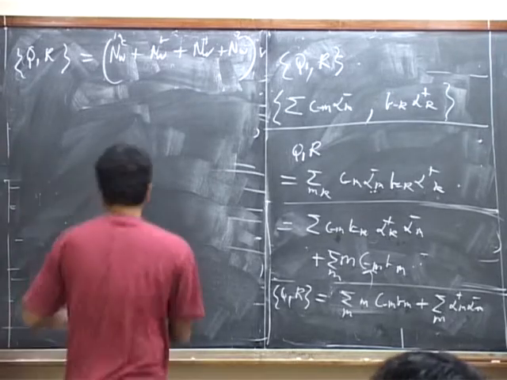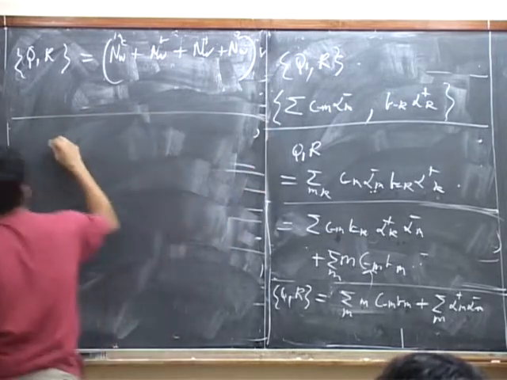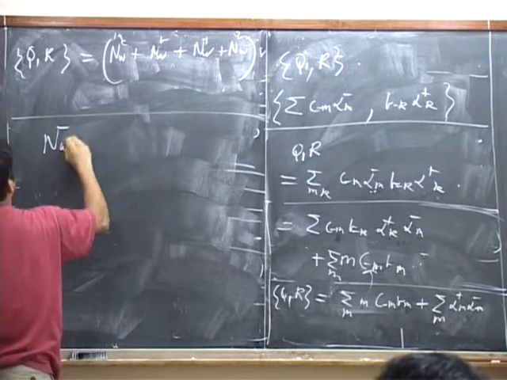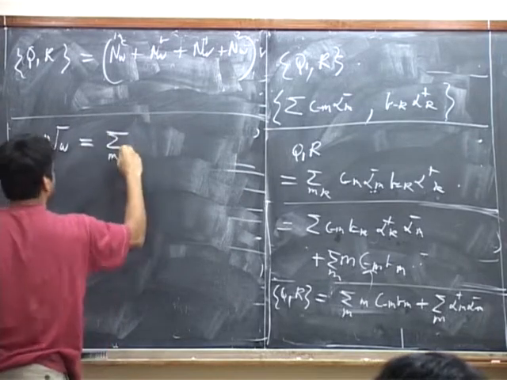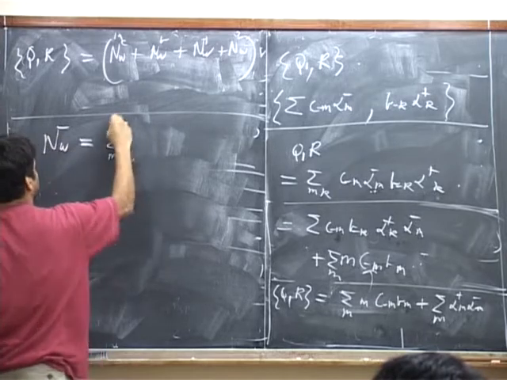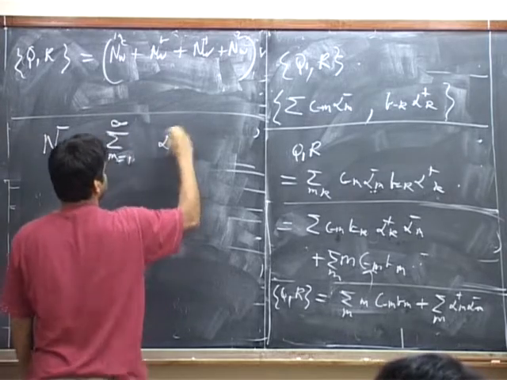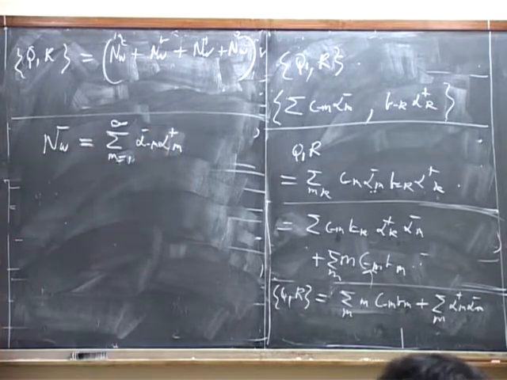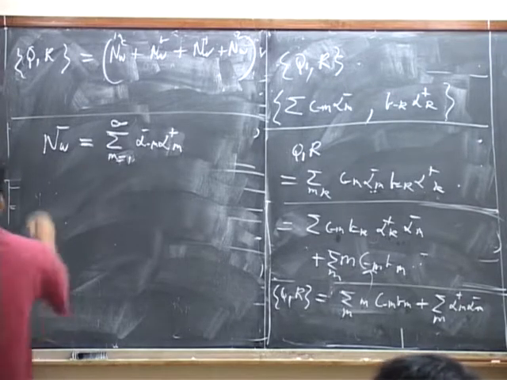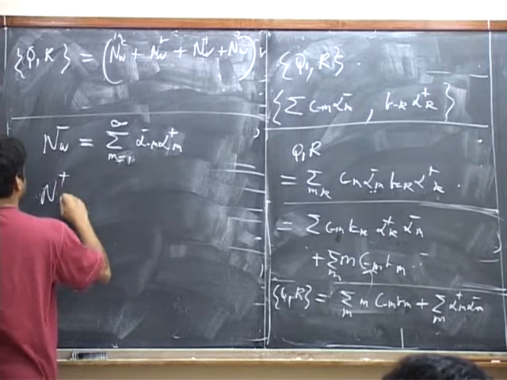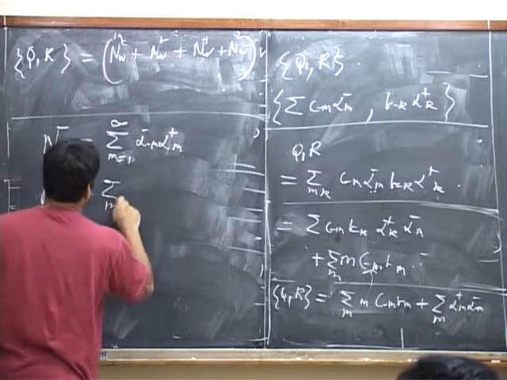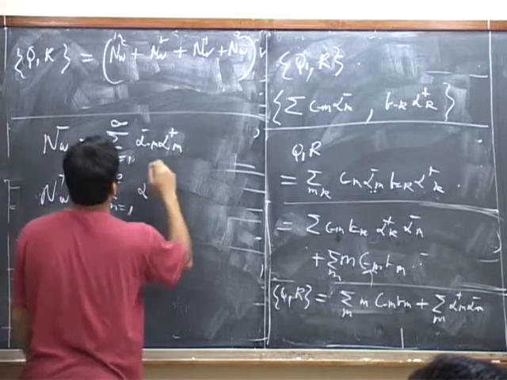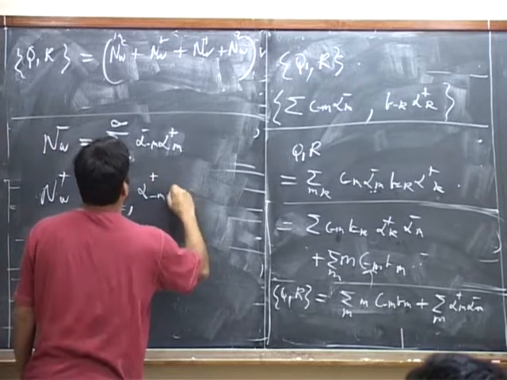How is N minus W defined? N minus W is the sum over M from 1 to infinity of alpha plus M alpha minus minus M. It's the thing that counts the number of minus oscillators weighted by level. N plus W is the sum over M from 1 to infinity of alpha plus minus M alpha minus M.